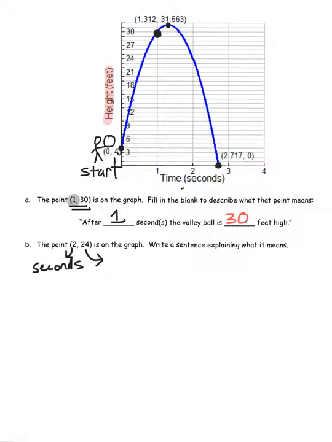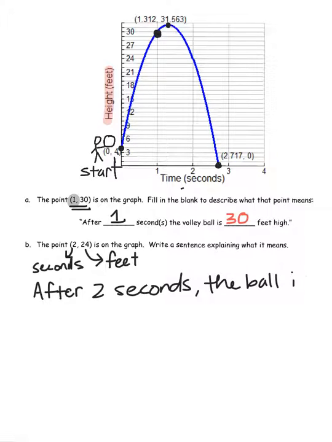My y-coordinate is the height, so this is going to be the height in feet. All right, now we write our own sentence. I'm going to write it just like my other one: after, and this time our x-coordinate is 2. After 2 seconds, the ball is, my y-coordinate is 24, 24 feet high. And that's my sentence for part B.